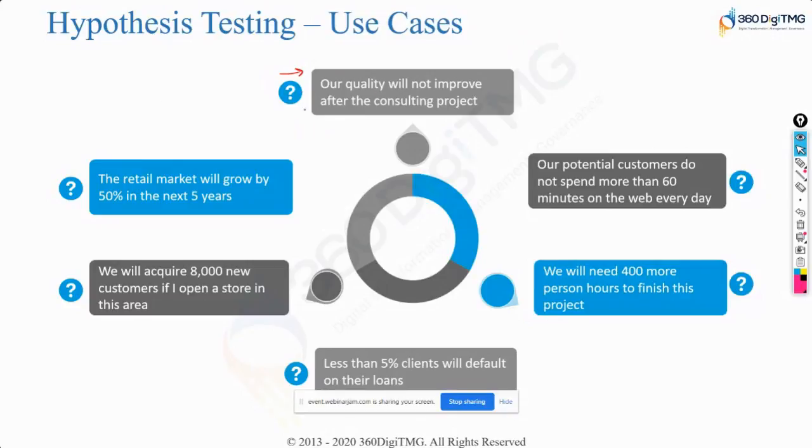I'm just creating a story here. Maybe it is because this particular project is not the project that you regularly do. Let's say it is a project where you're doing website development.